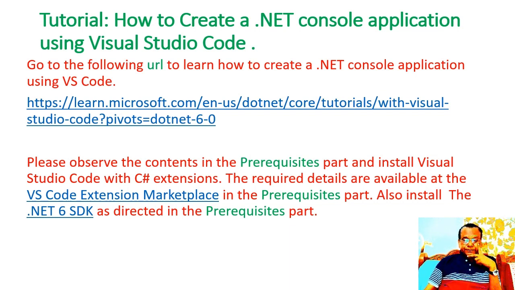Please observe the contents in the prerequisites part, which is available in this tutorial. In the prerequisites part, install Visual Studio Code with C# extensions. The required details are available at the VS Code Extension Marketplace in the prerequisites part.